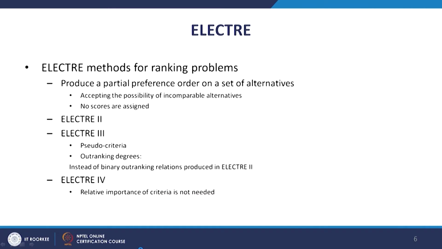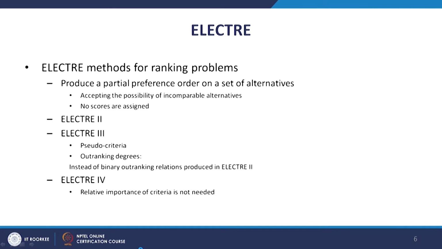Now let us talk about the ELECTRE methods which are suitable for ranking problems, to solve ranking decision problems. What do we mean by ranking problems? Something that we have already discussed in the introductory part of the course. Now, let us again understand it in the context of ELECTRE: to produce a partial preference order on a set of alternatives.